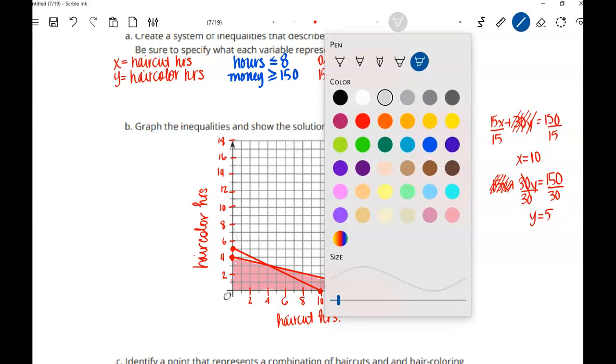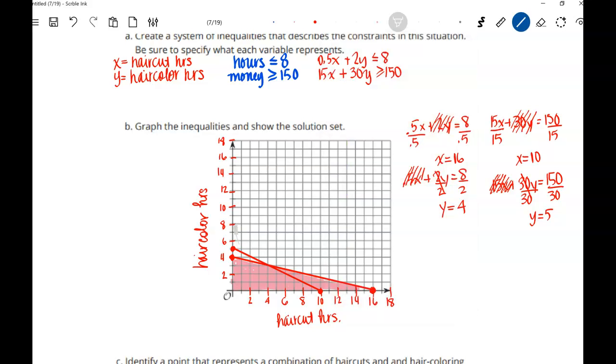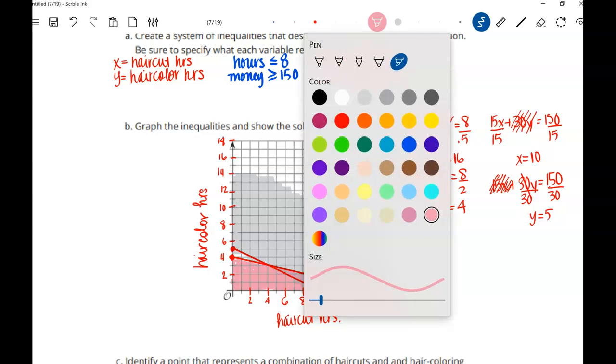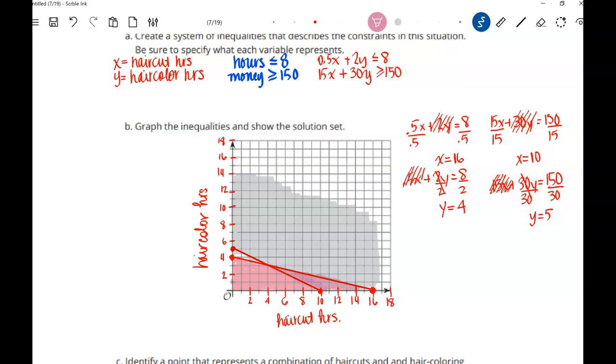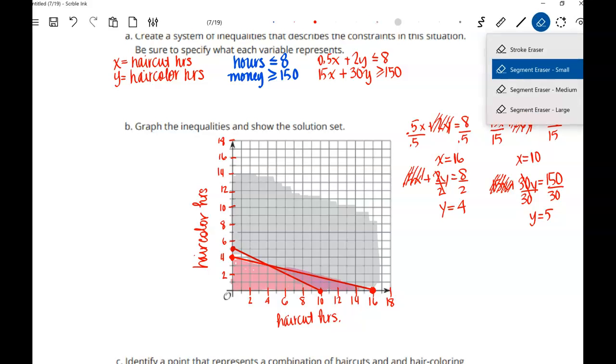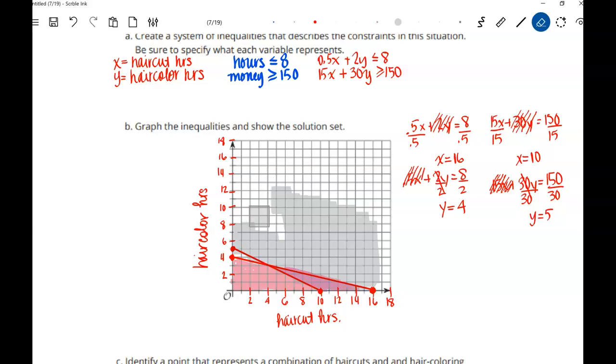Everything above that dollar line. The double shaded area, which is right in here, is how she can get $150 without working more than 8 hours in a day.